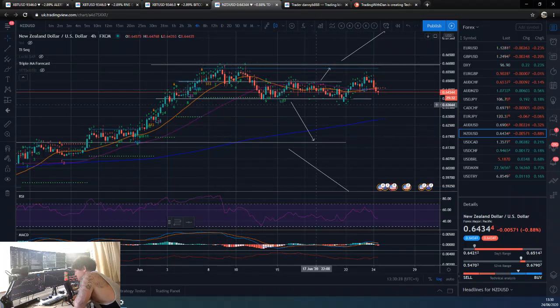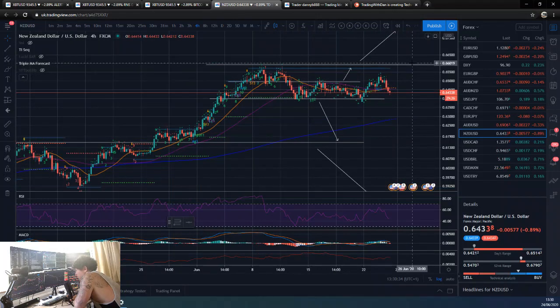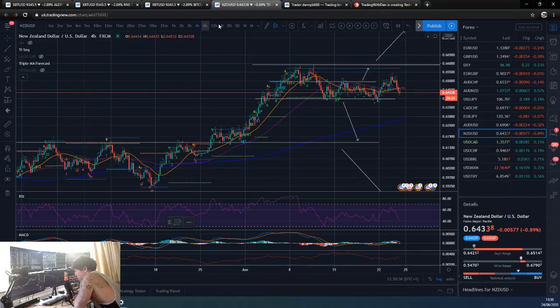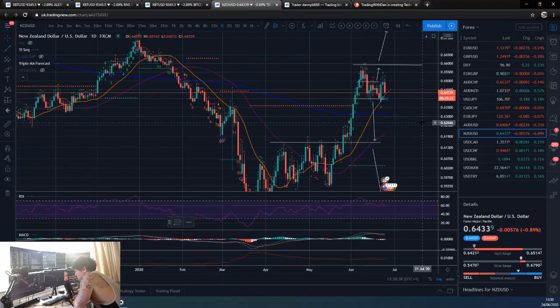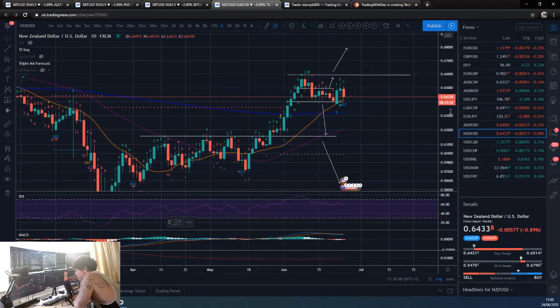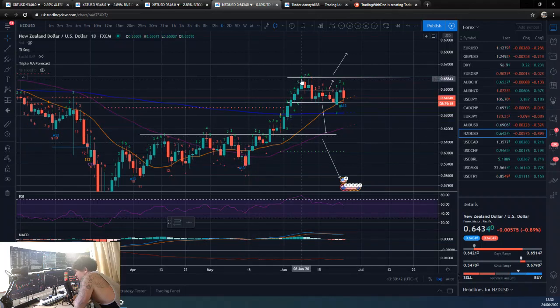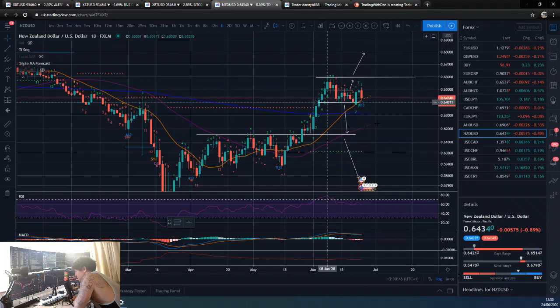So I'd expect us maybe to print a higher low from here and make our way back up. This is not a strong view on this, but yeah, big move up, sort of consolidation. If you squint, it's a bear flag, it's a bull flag. So yeah, that's obviously your great buy level.